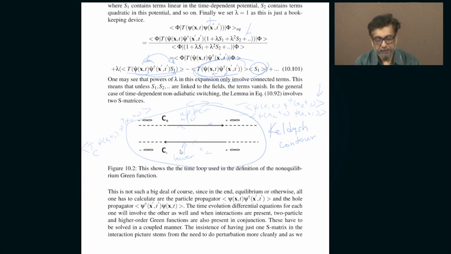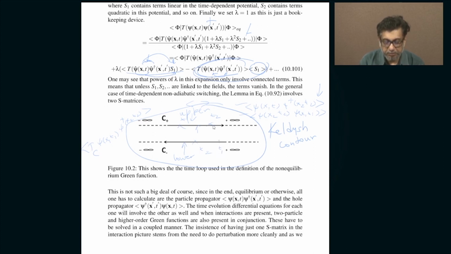Whereas if both T1 and T2 are on the same branch, then on the upper branch T2 is greater than T1 if it is numerically greater than T1, to the right of T1. But on the lower branch, T2 is greater than T1 if it is to the left of T1.